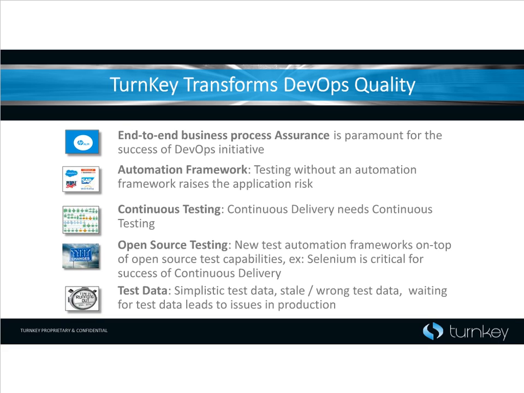So open source testing, but not just open source, but again, a wide range of other vendor-driven tools that have specific uses and specific application types, still to be managed by a single automation framework that has this view of end-to-end business process.